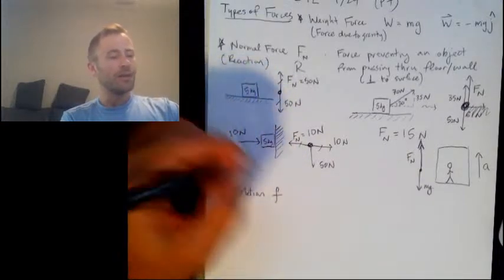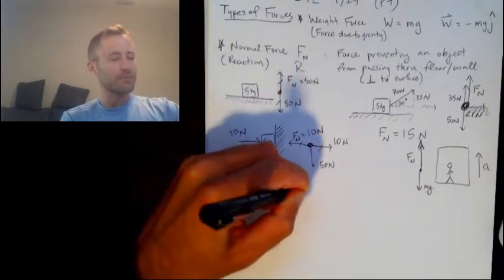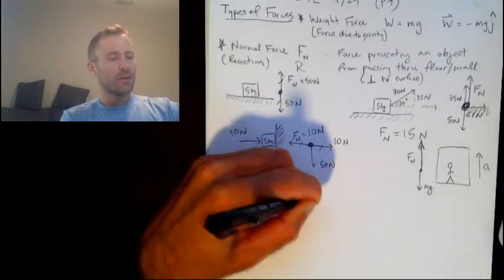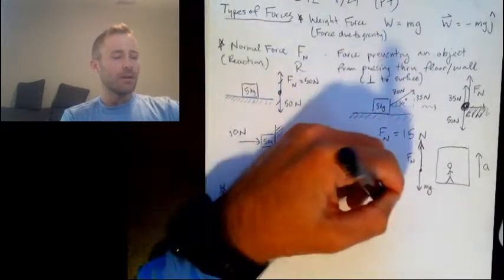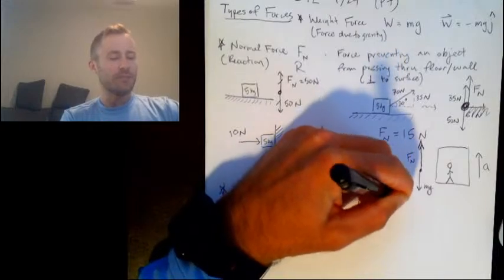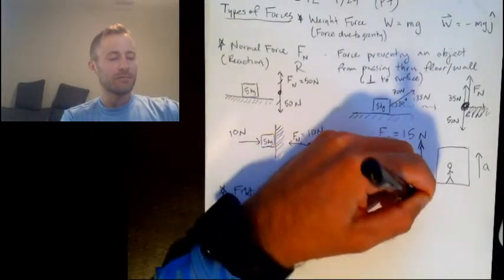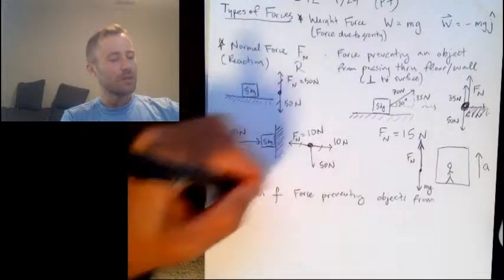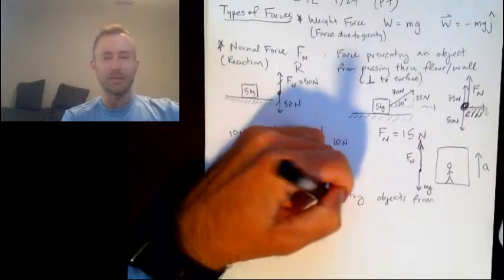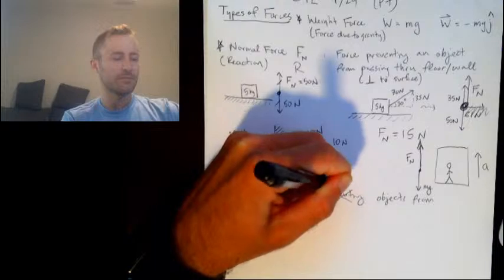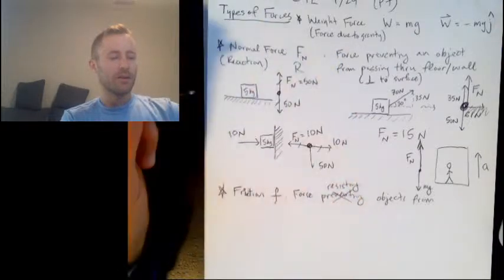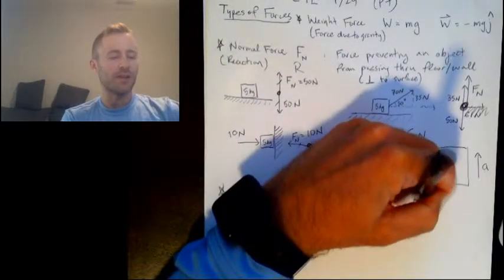And it is the force preventing objects from sliding. Or I shouldn't say preventing, because it doesn't always succeed. It's the force resisting objects sliding across one another.